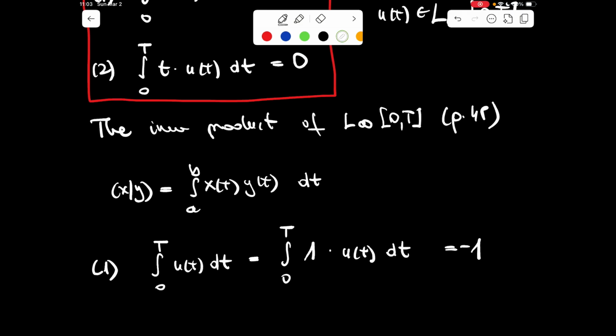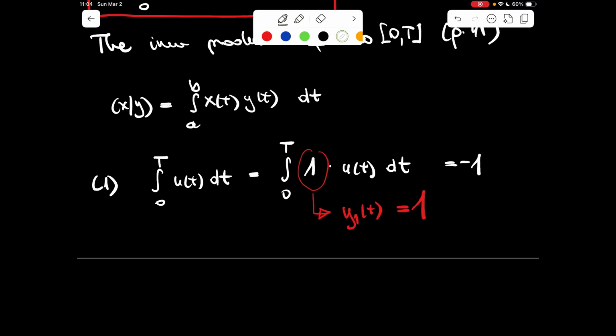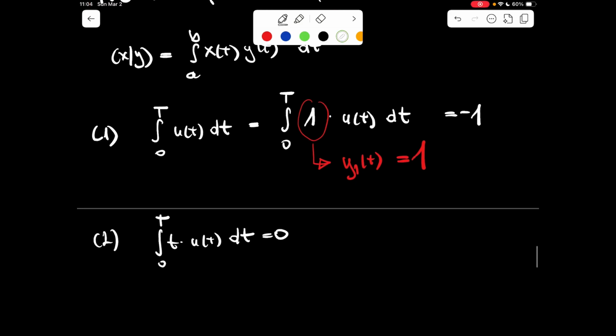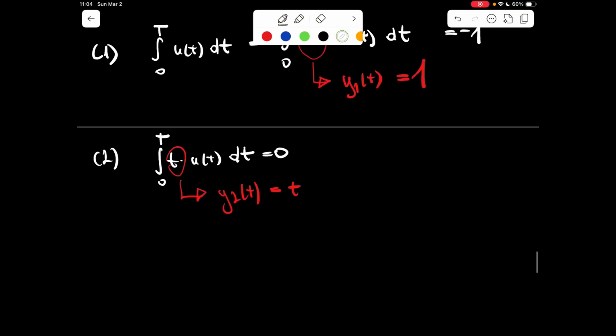So, note that this is y1, and restriction 2, this is 0, and y2 is t. Okay, so the exercise is a minimum norm problem, so this is what we want to solve.